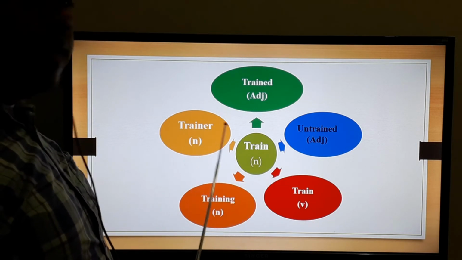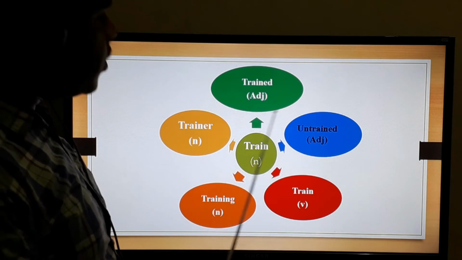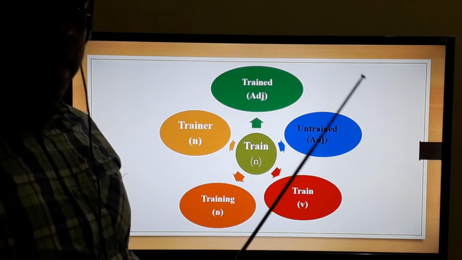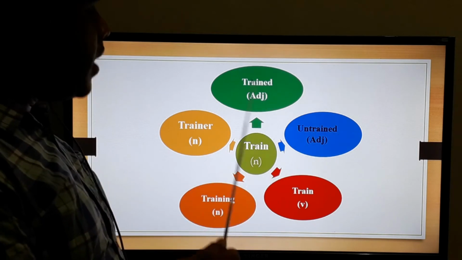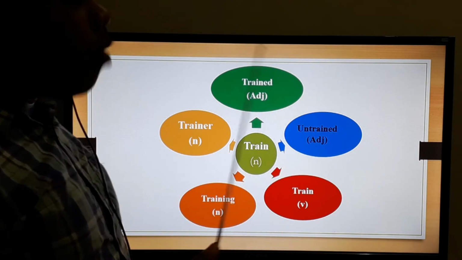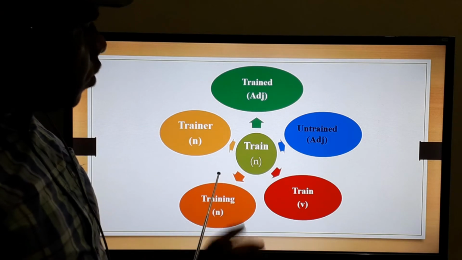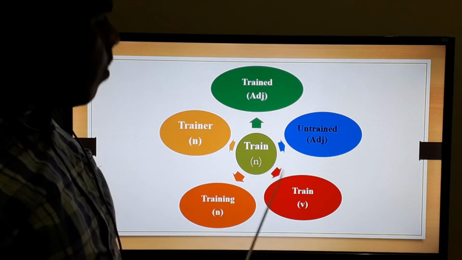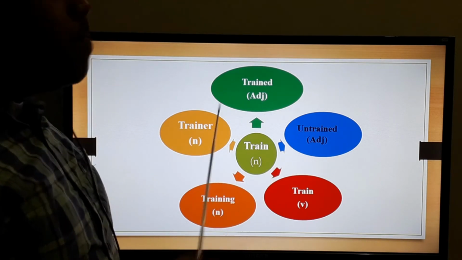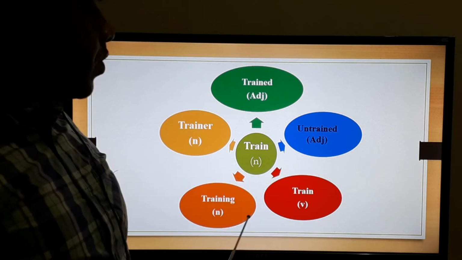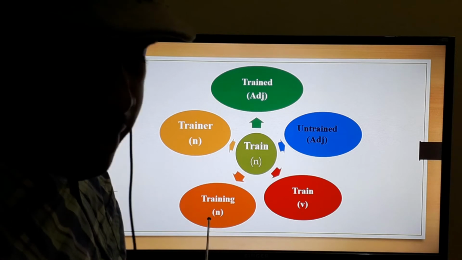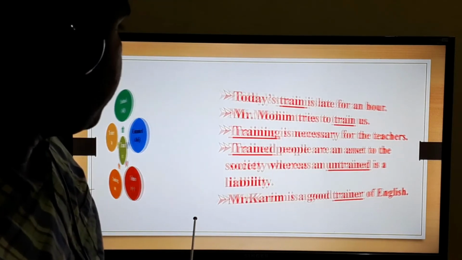Then trainer, that is a noun. Trained, try to understand, that is an adjective. It refers to the condition of a person. Trained and untrained are opposite words. So do you notice that we can transform one word into various forms and we can use them in our sentences? So let's see in sentences how we can use this.